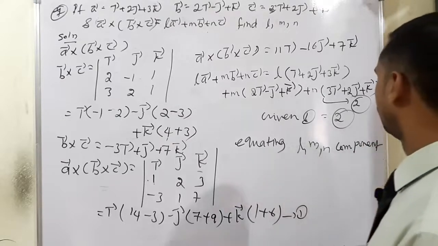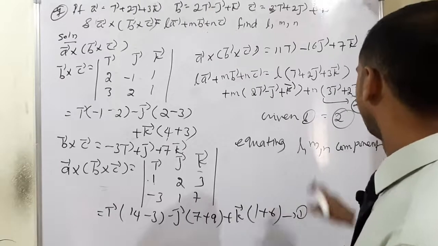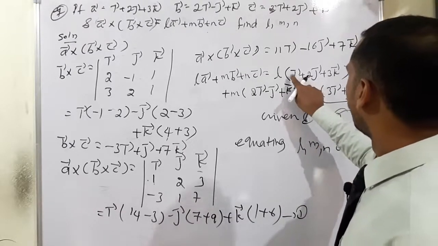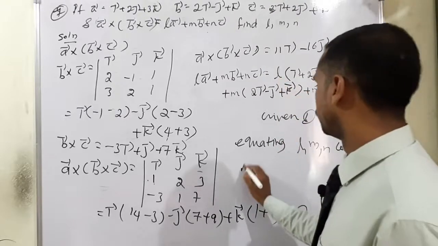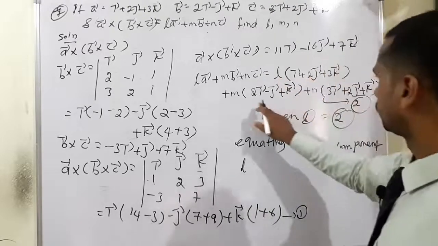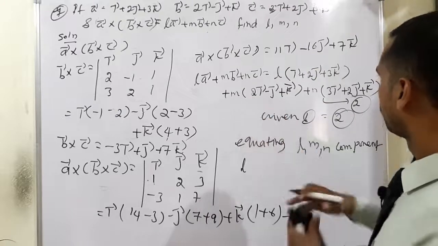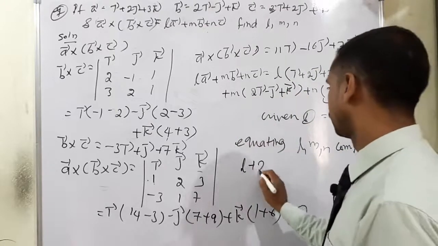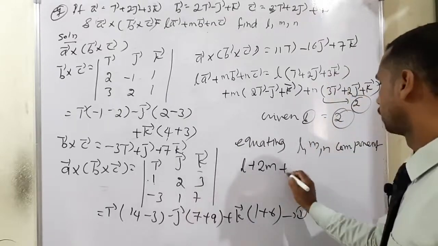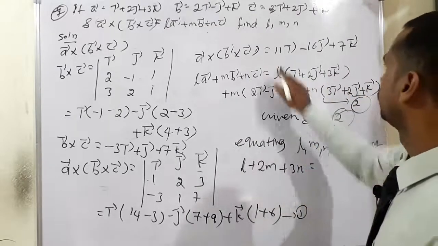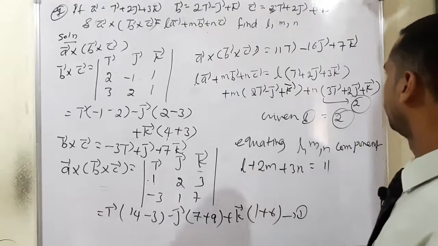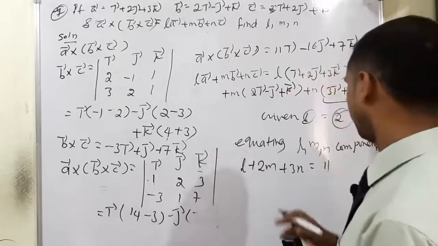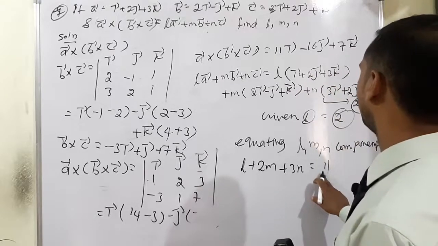What will happen? For the i term, L plus 2M plus 3N is equal to 11.